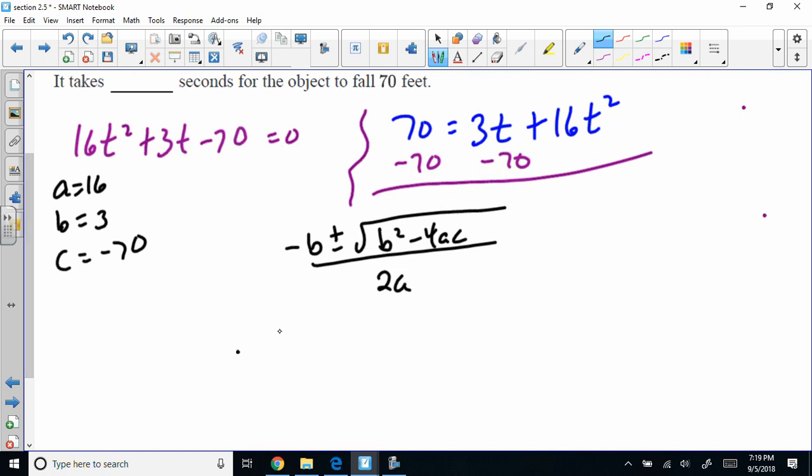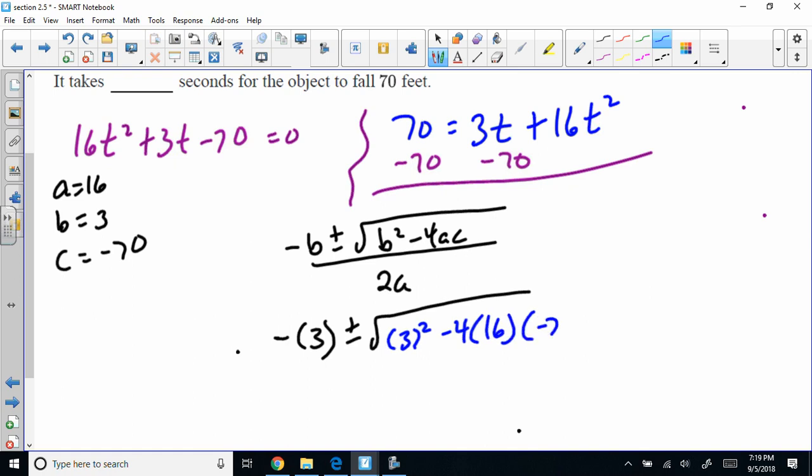Every time you put something in, always make sure you put it in parentheses, because if that b was negative to begin with, then you would be looking at a positive, since a negative times a negative is a positive. That's a common mistake that most people make. Let me switch colors. All over 2 times 16.